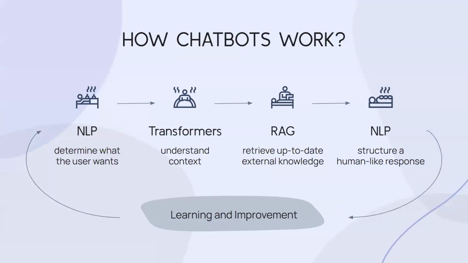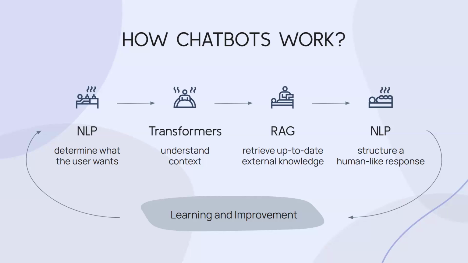And then this is putting it all together. Initially, the idea of determining what the user wants, that input processing layer that we saw, is an example of NLP. We put that into a transformer model. I know I dumbed it down, but transformers essentially just understand the context behind it.